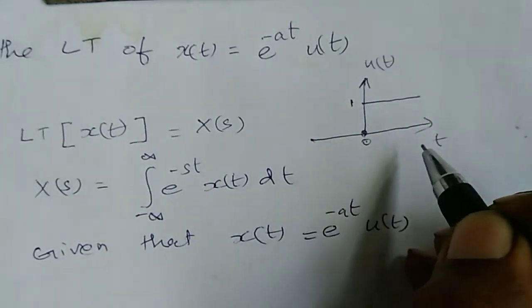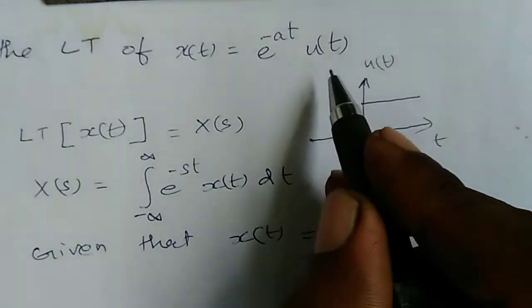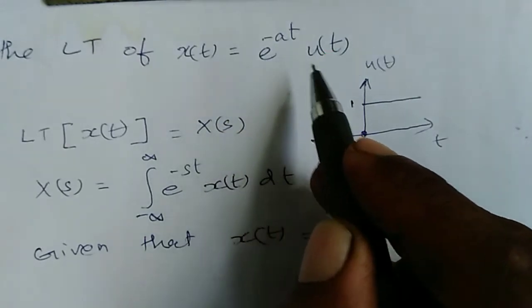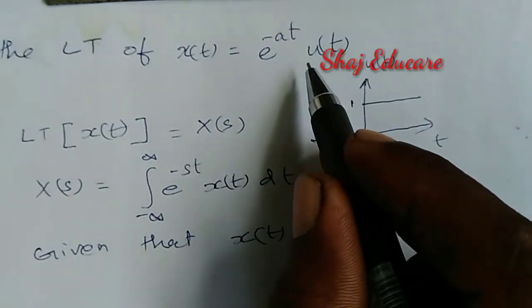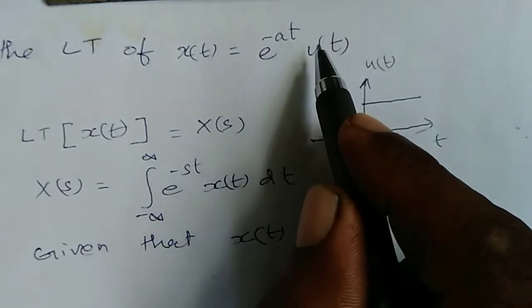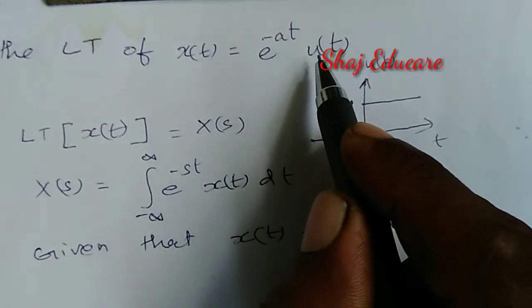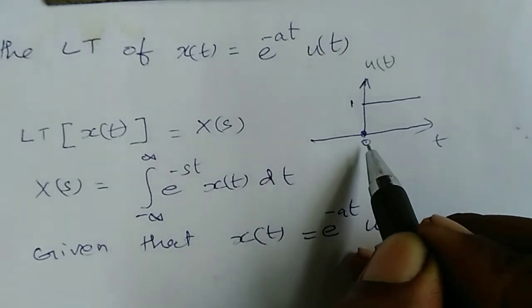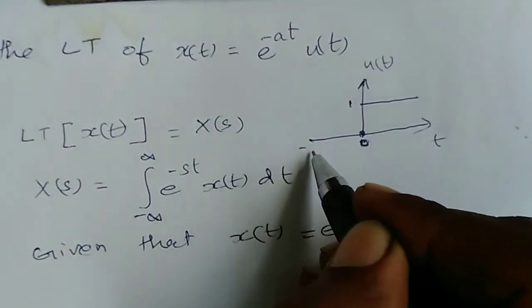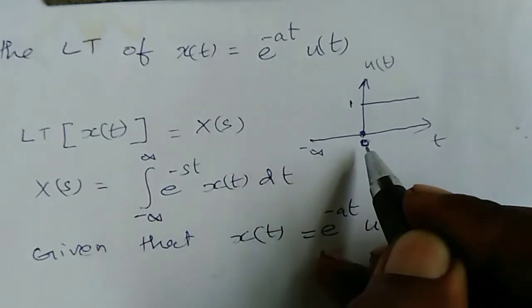Then if we multiply this signal with e raised to at, what will happen? We can replace u of t with 1, so e raised to at into 1, only from t equal to 0 to infinity. What about from t equal to minus infinity to 0?